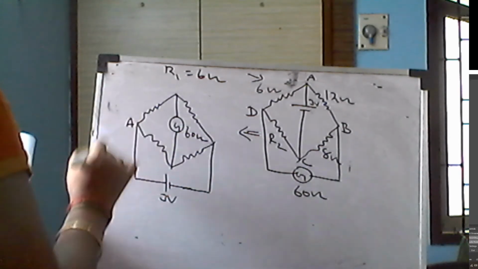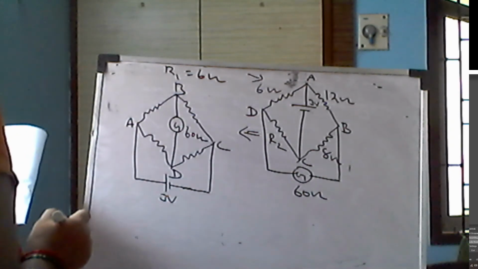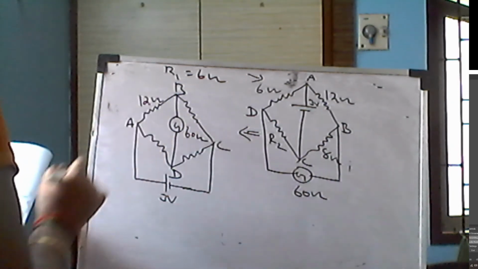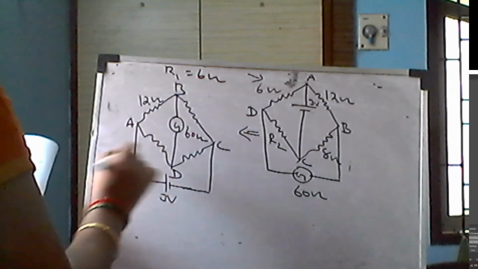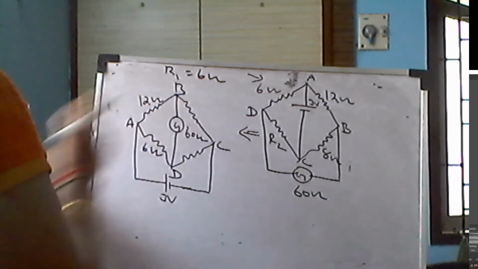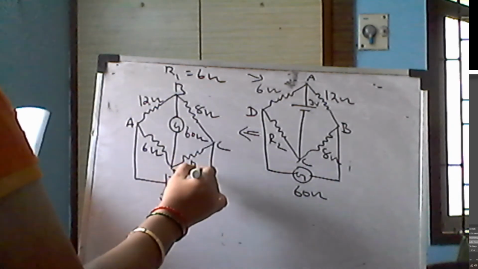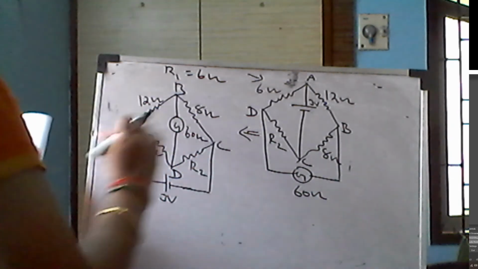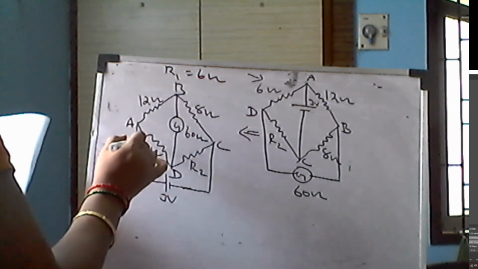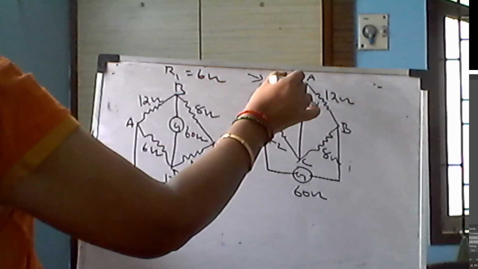So this is A, B, C, D. And then here it is 12 ohm, and here you can take 6 ohm, and here it is 8 ohm, and here it is R2. See here, from A, one is going to the positive side, the other two are going, one to the 6 ohm and the other to the 12 ohm.